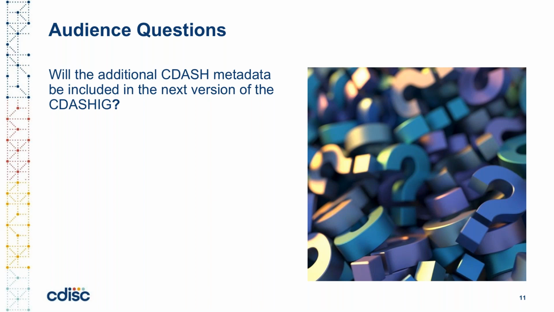But moving forward, we want to make sure that any C-DASH metadata gets into the C-DASH model. But there are still ongoing discussions about the details of how that's going to happen. So hopefully that answers the question. I believe so. They haven't asked a follow-up, so I think that probably covers it.